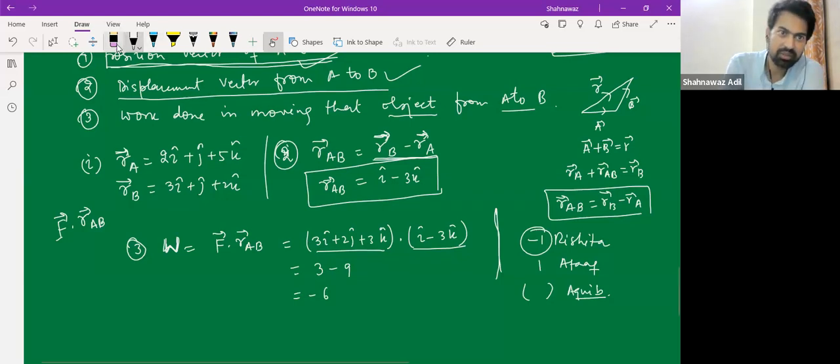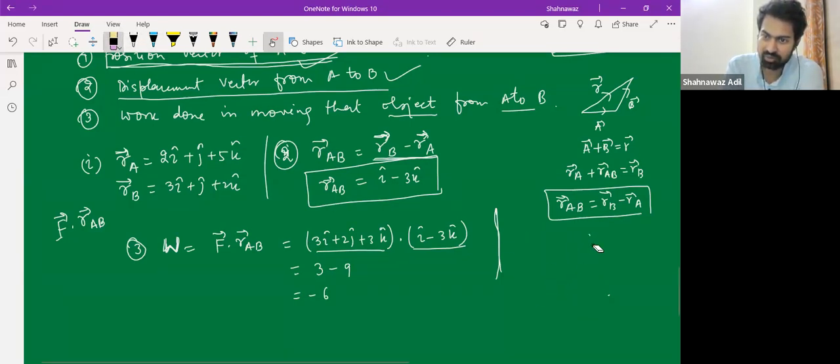Any doubt, guys? How did you get 1 and -1? I don't know, sir. Did you get this part, that this would be -6? Yes, sir. So this is how we calculate the work from the vectors perspective, using vector algebra.